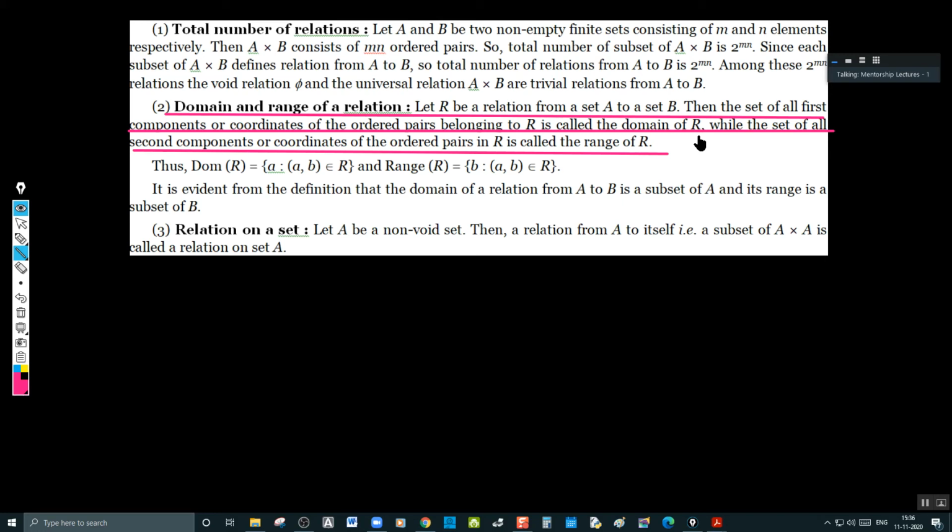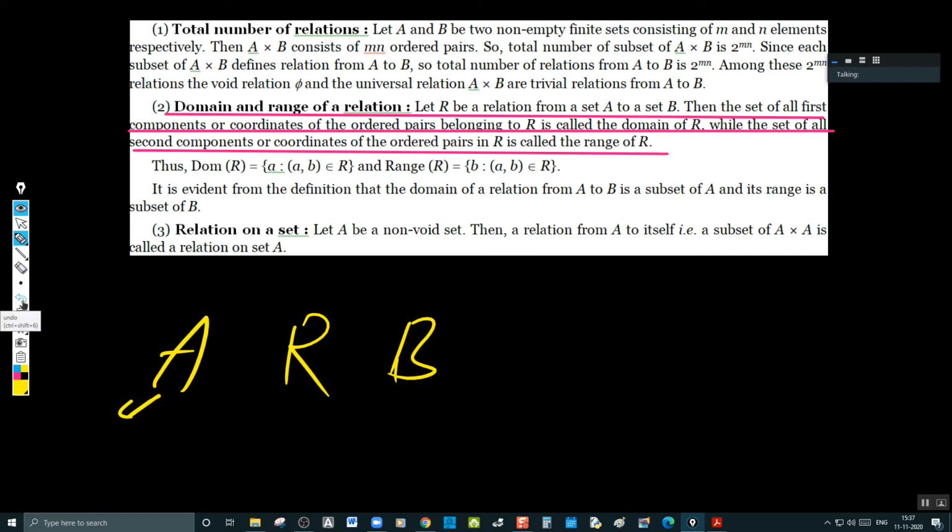Whatever output comes depends on the value you give, and that depends again on the function. Whatever value you give is the domain. Whatever value you get is the range. If you are given a relation from A to B, where R stands for the relation, then you tell me, what is A?